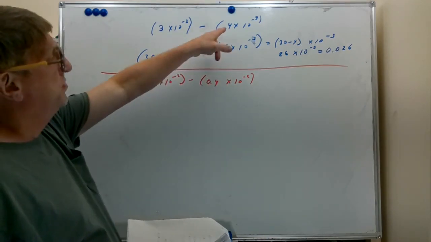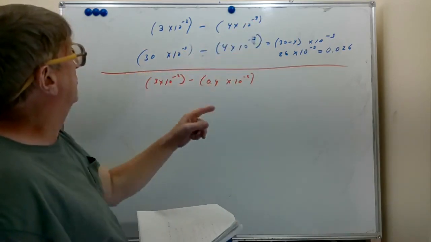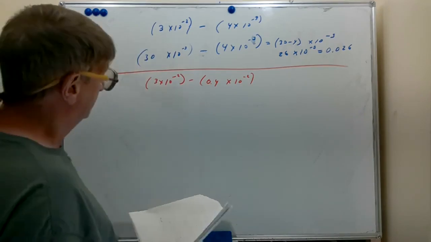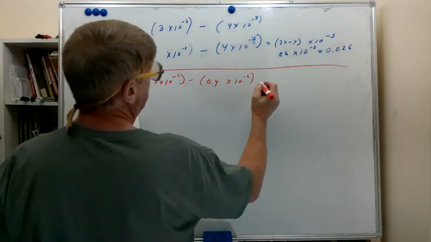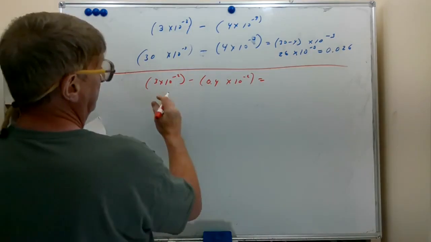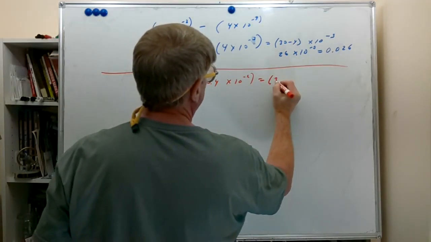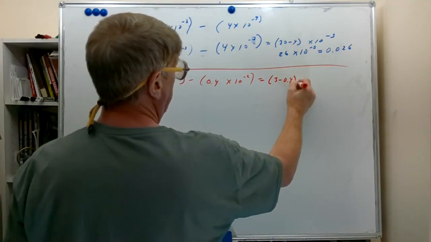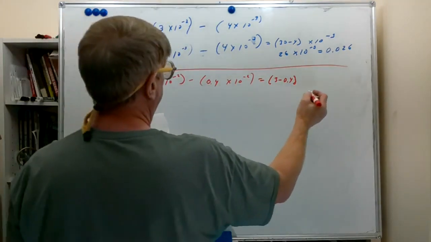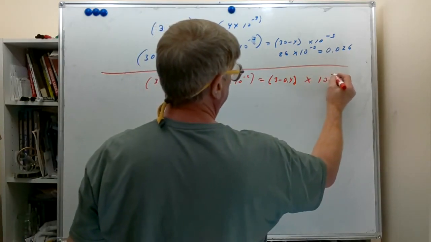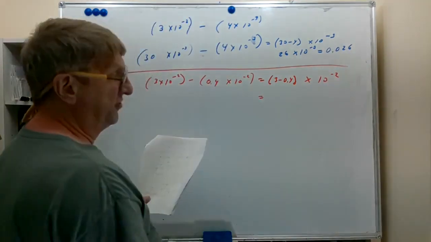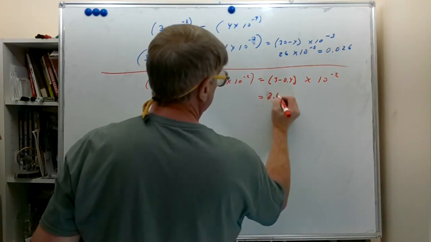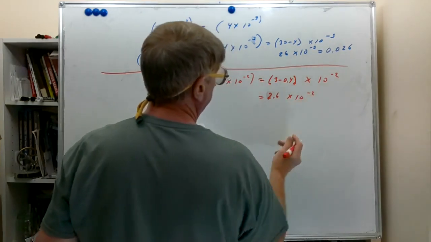Keep things balanced. We moved this to the left when we made that larger. We moved this to the right when we made this smaller. So now we have 3 minus 0.4, and we've taken care of the powers of 10, so it's times 10 to the -2. 3 minus 0.4, that's 2.6, times 10 to the -2.